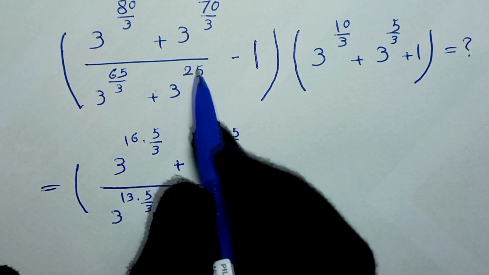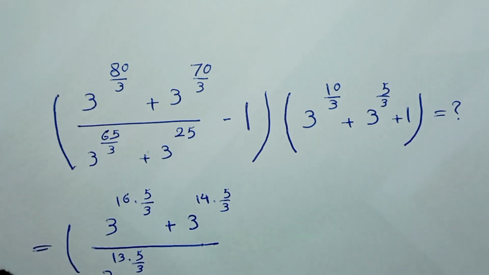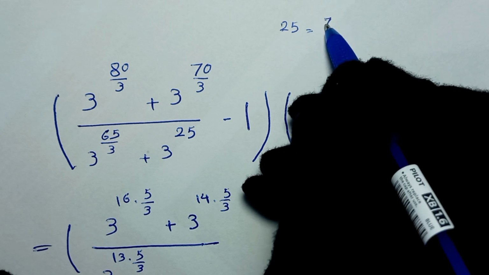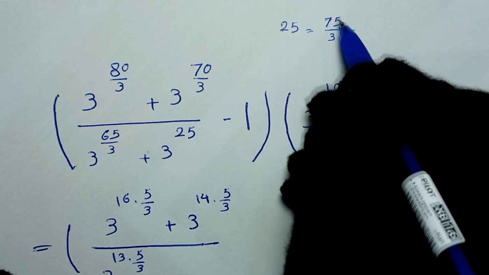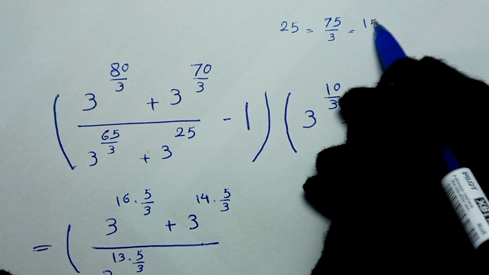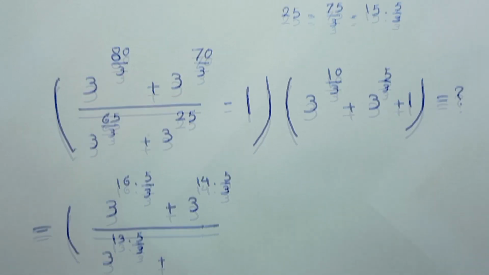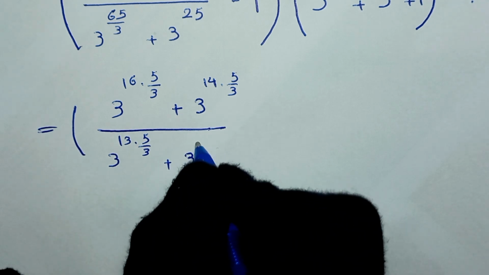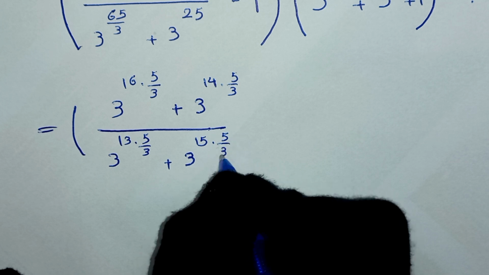25, we can write this as 75 over 3, right? And we can write this 75 as 15 times 5 over 3, right? So it will be 3 to the power of 15 times 5 over 3.